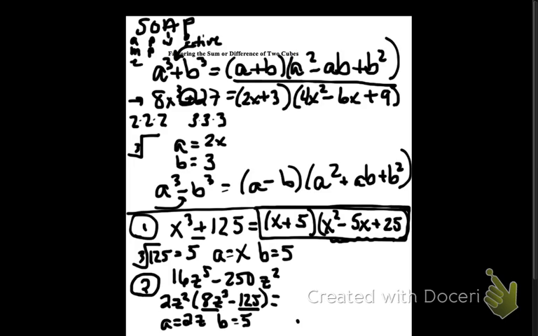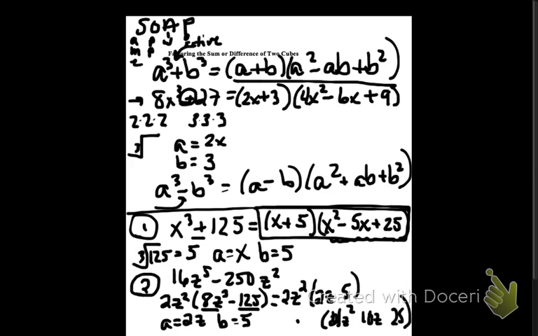I'm going to still write that 2z squared out in front, and then I will have a, b. I'm going to squeeze this in down here. A squared, which will be 4z squared, a times b, 10z, and b squared, which is 25.